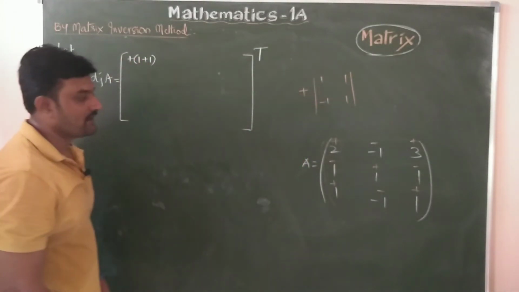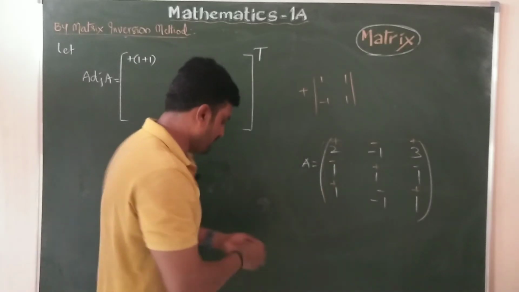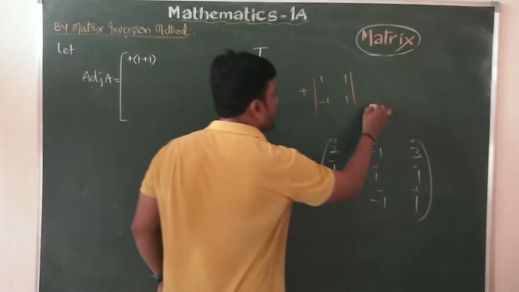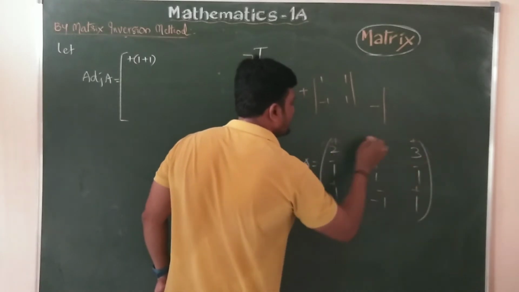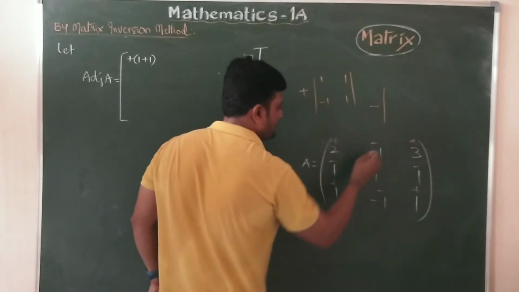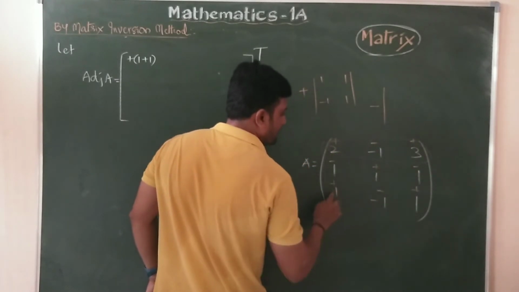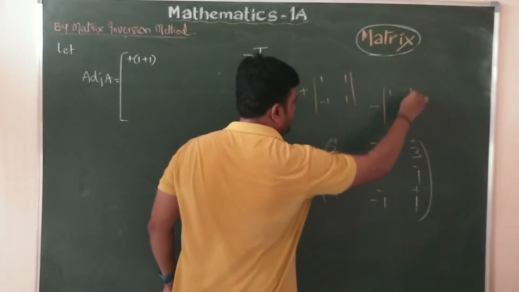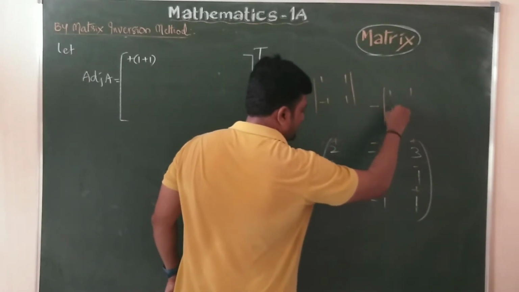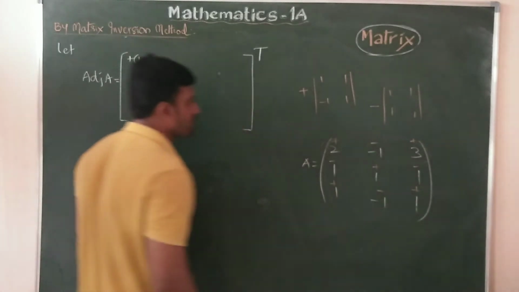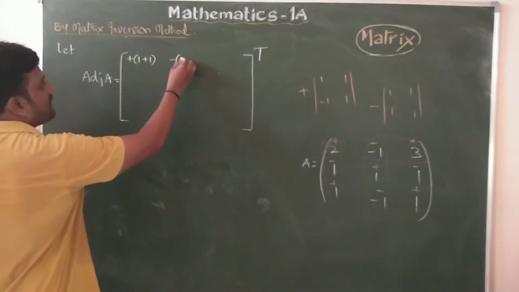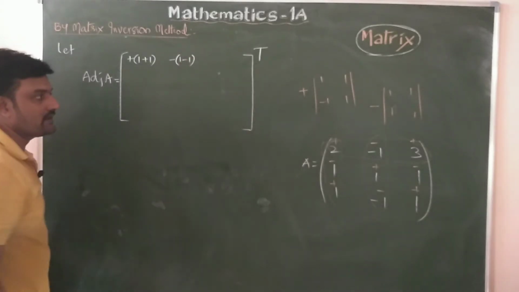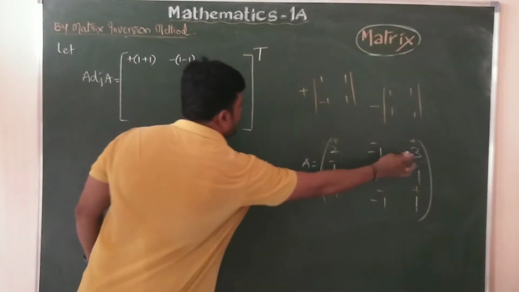Now for minus 1, the cofactor is minus of the determinant after deleting the row and column, determinant of 1 1, 1 1, so it should be minus of 1 minus 1. Okay, 1 minus 1. Now what about 3?